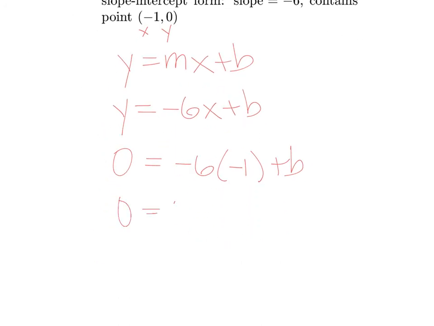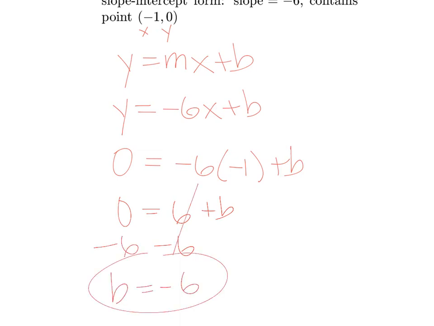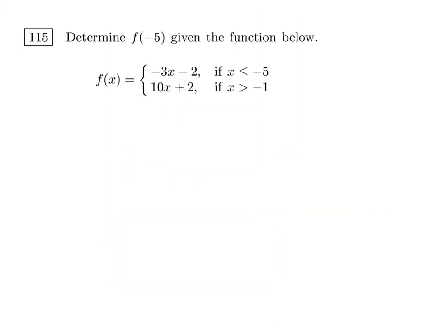So I have 0 equals 6 plus b. Subtract 6. B is equal to -6. All right, so I have y then is equal to -6x minus 6. Done.